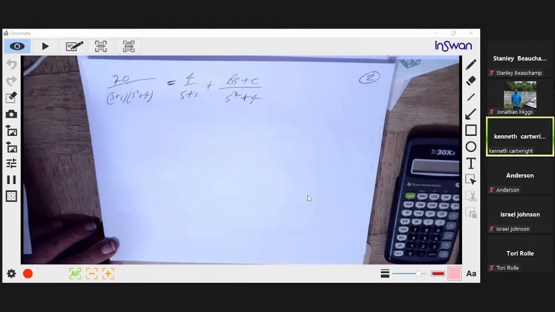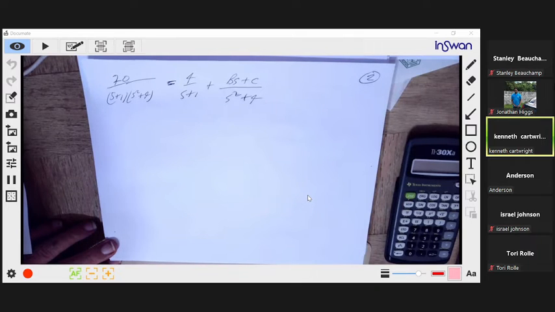I don't know why this class will not study. Wouldn't it have been easier to simplify it as B over S squared plus 4 plus C over S squared plus 4? But that isn't what we have.